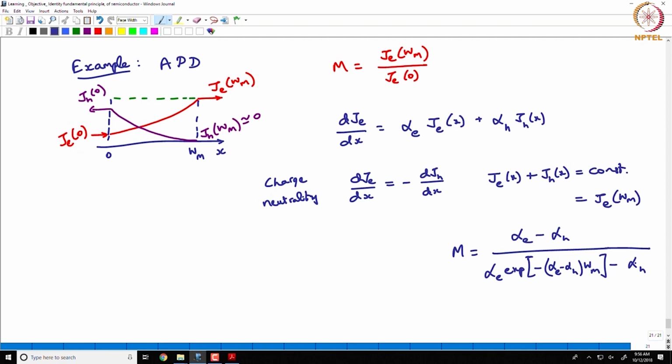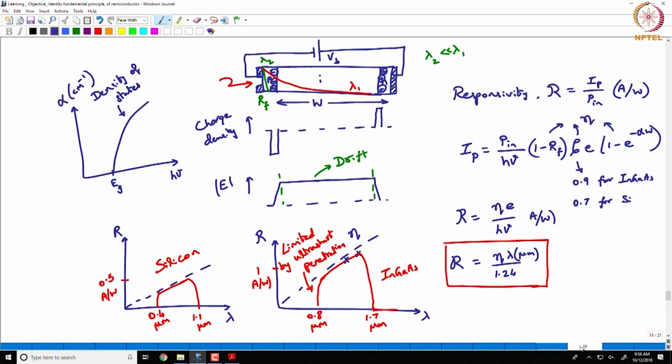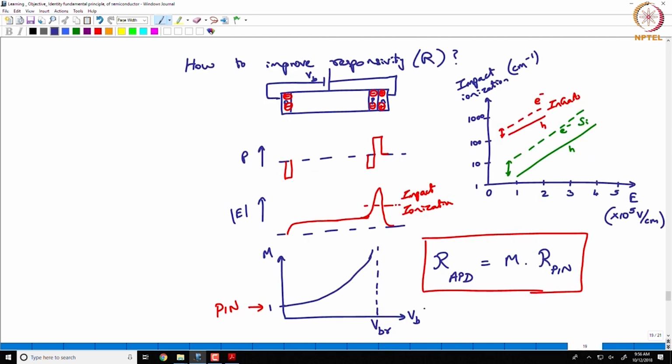Okay, so that is the final expression we get, and if you plot that, you will get something like this. M as a function of Vb, you will get something like this, which is showing an exponential. Let me stop at this point.